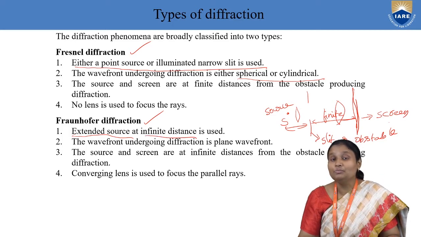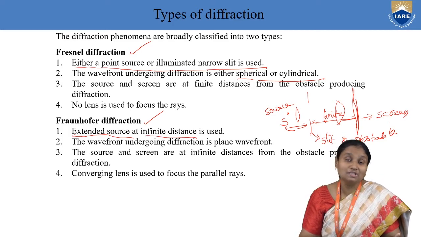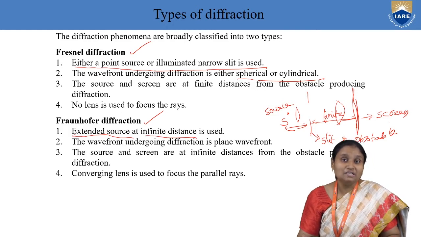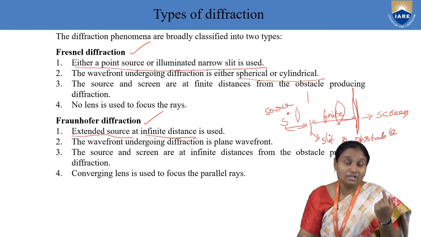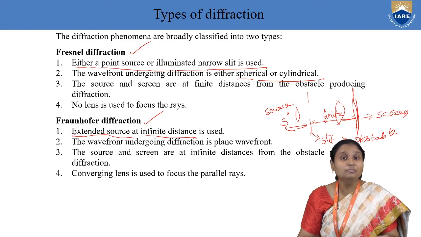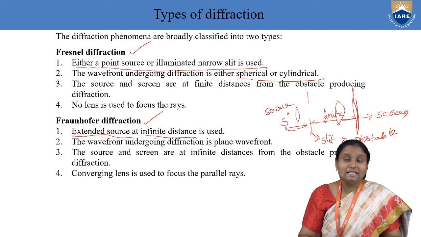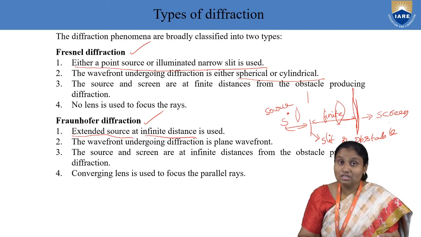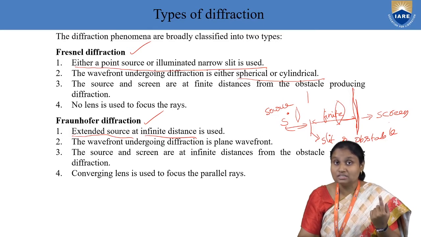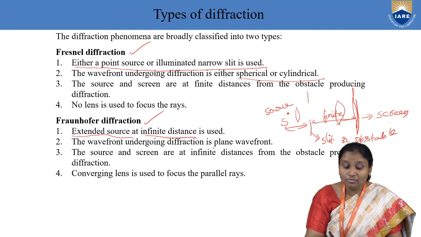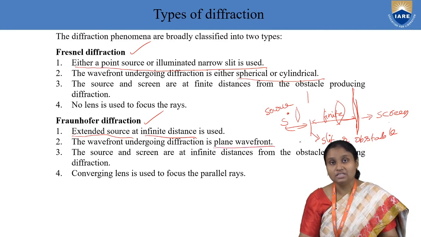What happens if you keep your point source or extended source at infinite distance? Suppose you have taken an extended source, so what type of wavefront will be produced? Cylindrical wavefront. And this cylindrical wavefront, because it is coming from far distance, will be limited in a small region. So what type of wavefront will we be using? Plane wavefront.